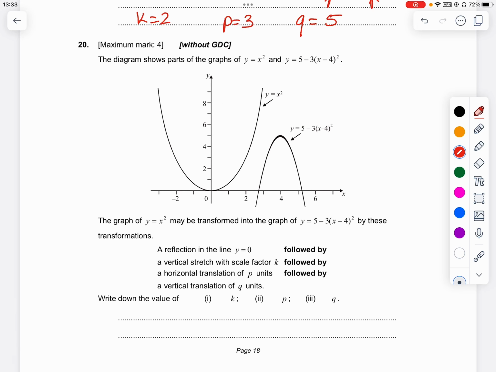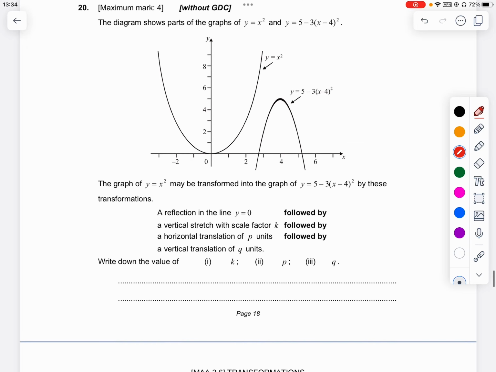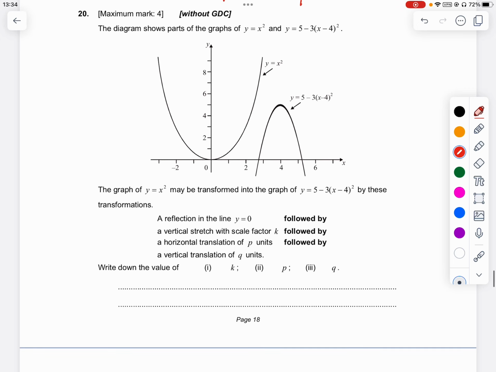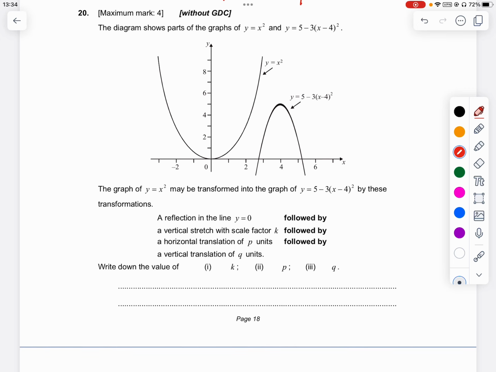Question number 20. The graph y = x² and y = 5 - 3(x - 4)². Find the values of k, p and q. So first of all, reflection on y = 0, x² becomes -x².